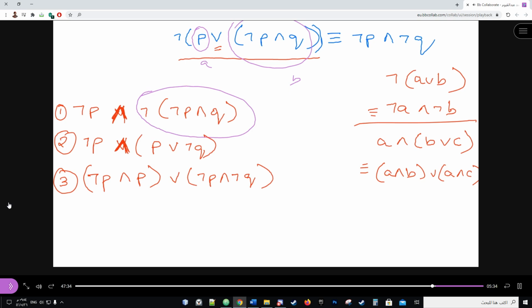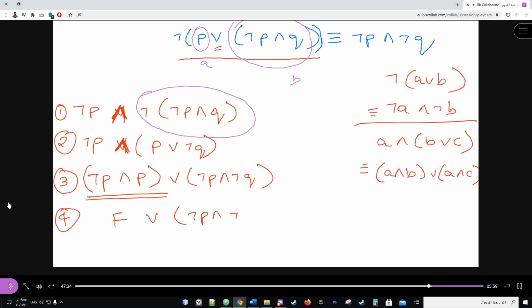Then the fourth step, what is not P and P? Not P and P is always false. Very good, Ali Habib. Yes, it's false. So false or something.